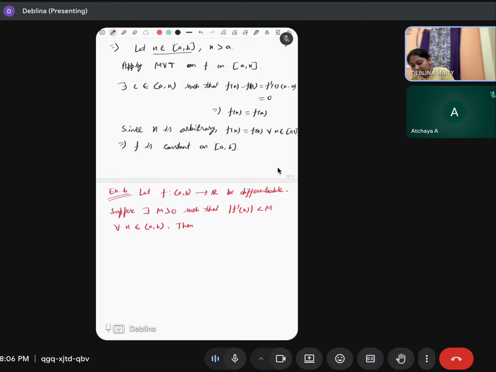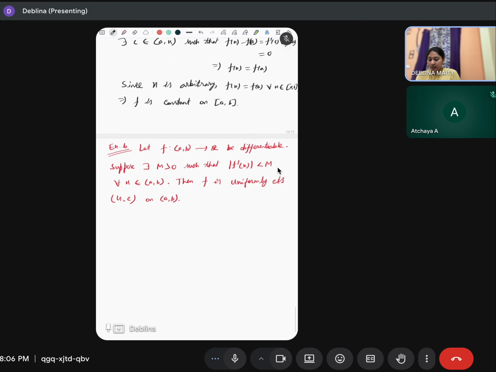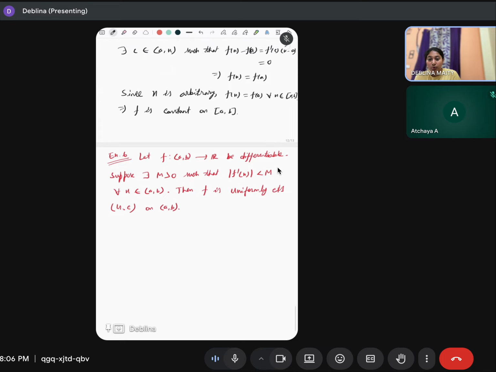Then we will show that f is uniformly continuous, or UC for short, on this (a, b). So f is differentiable and f dash is bounded by some number, and we will prove that f is uniformly continuous on this open interval.